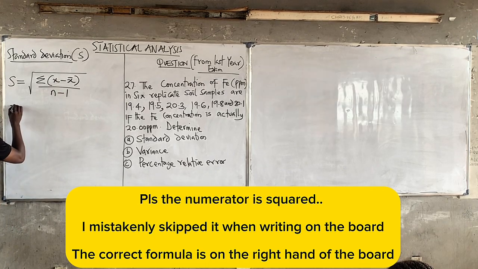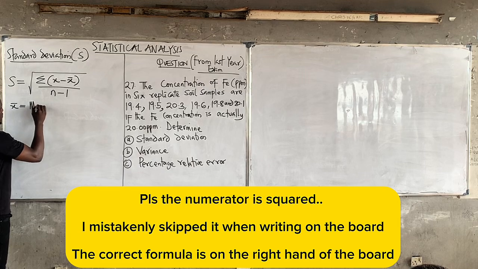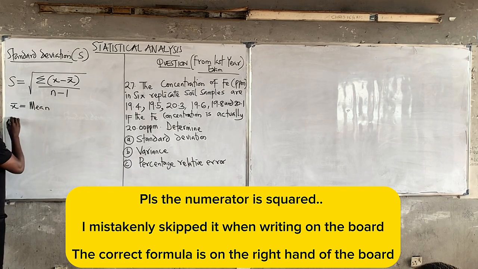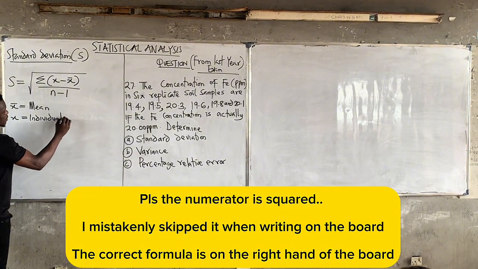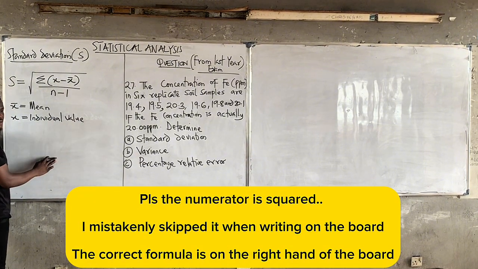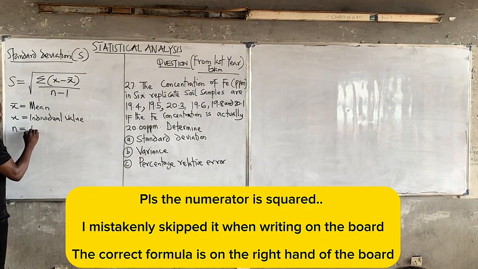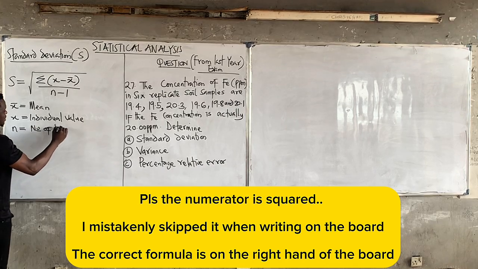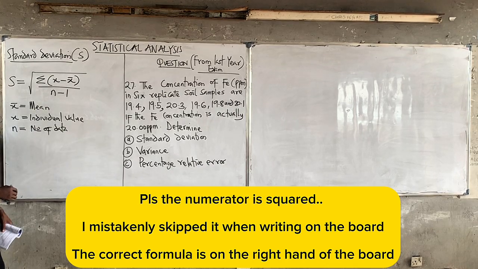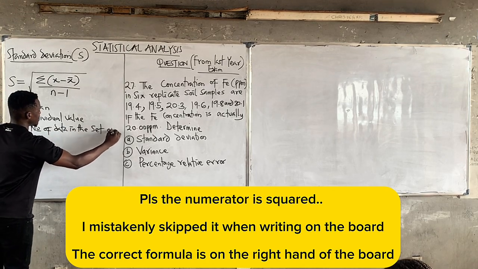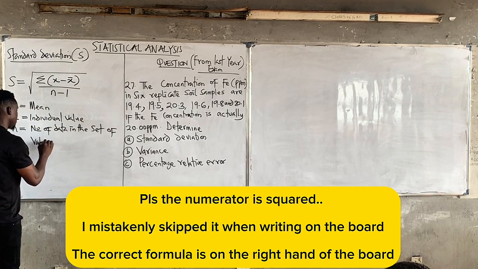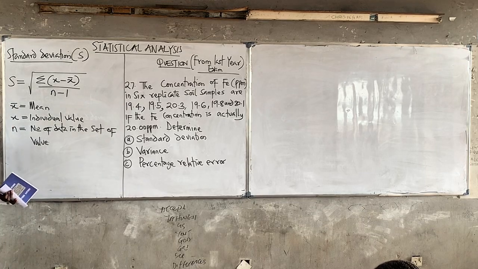Now, here x bar is equal to the mean, x is equal to the individual value, and n is equal to the number of data, the size of the values. Class, you cannot proceed to solve for standard deviation without first of all solving for the mean.